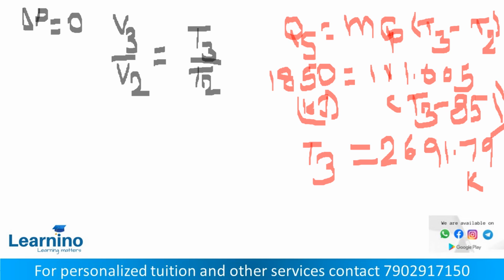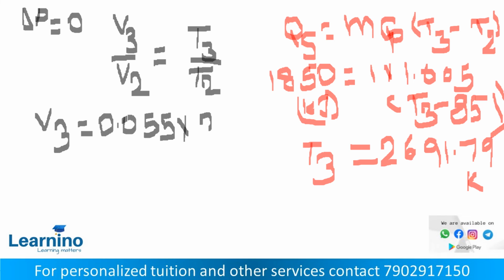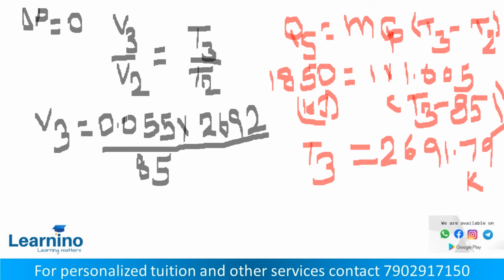What will we get? V3 value is equal to V2, what is V2? 0.055 into T3, which is 2692, divided by T2, which is 851.